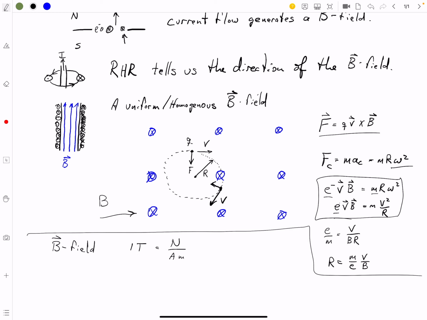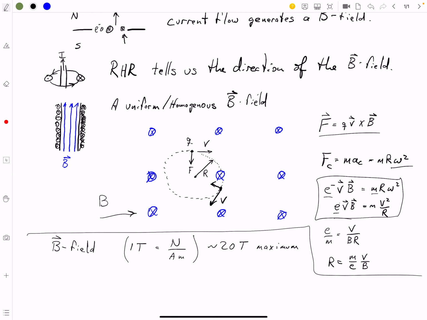So that's our unit of Teslas. Teslas are a big unit. 20 Teslas is about the maximum that we can do engineering-wise. Roughly 20 Teslas. The largest magnetic fields that we try and produce.